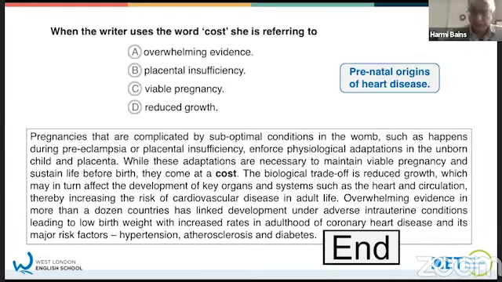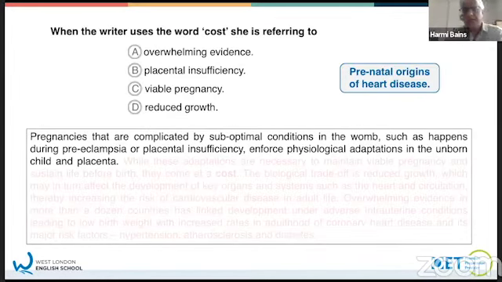Okay, brilliant. Thanks for putting your answers in to the chat. And let's just have a look at this paragraph then. And again, just trying to understand the context of this paragraph. It starts off talking about pregnancies in the womb, which are complicated. If conditions are suboptimal, so if conditions aren't perfect, you have complications in the womb.